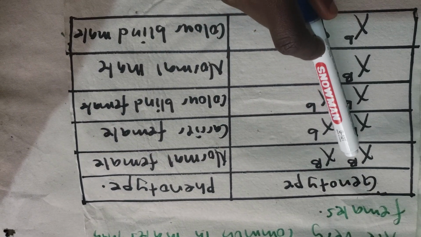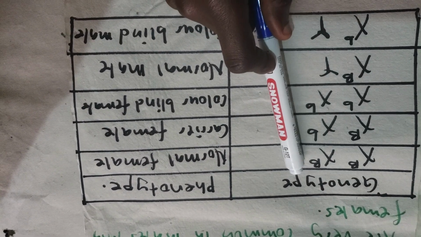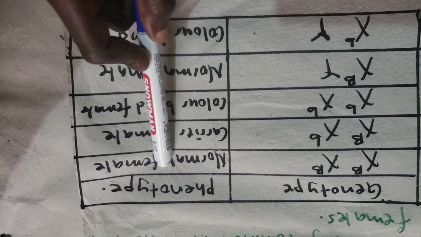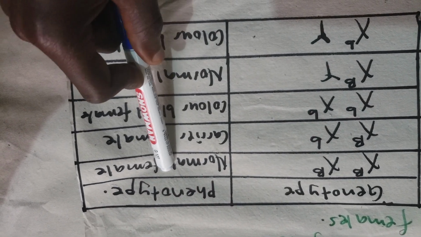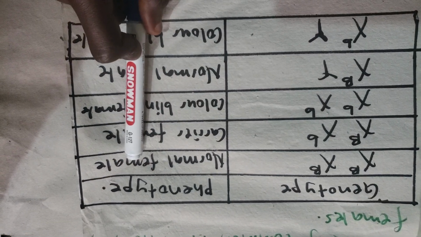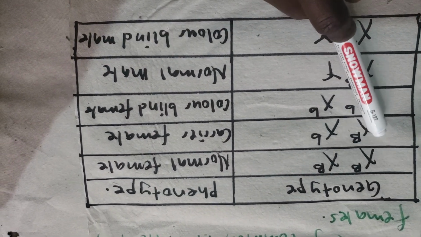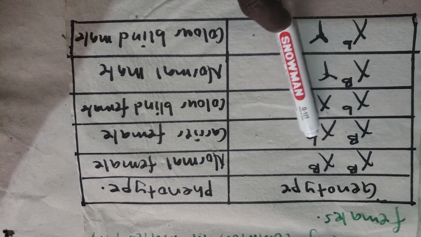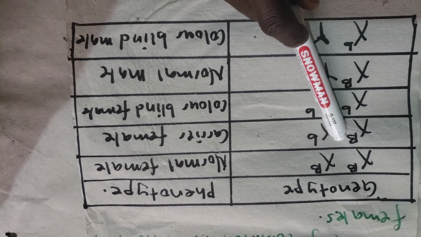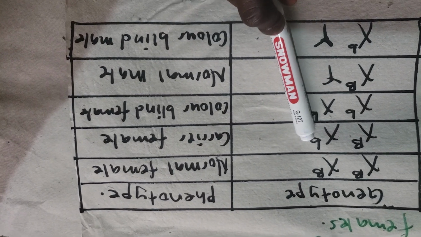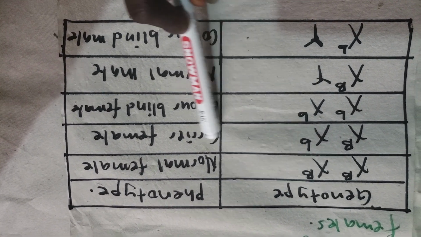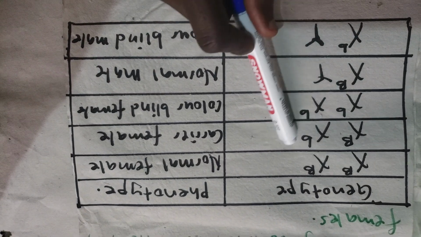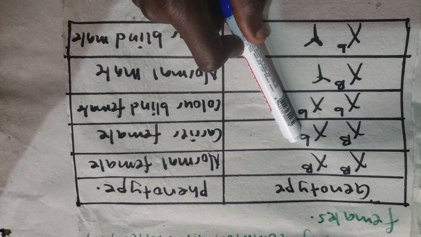Now when you're having X capital B and X capital B, this is an indication that on the observable appearance, that is a normal female. Then when we look at this number 2, when we have X capital B, X small b, this is an indication that this female is a carrier because of this small b on the X chromosome.